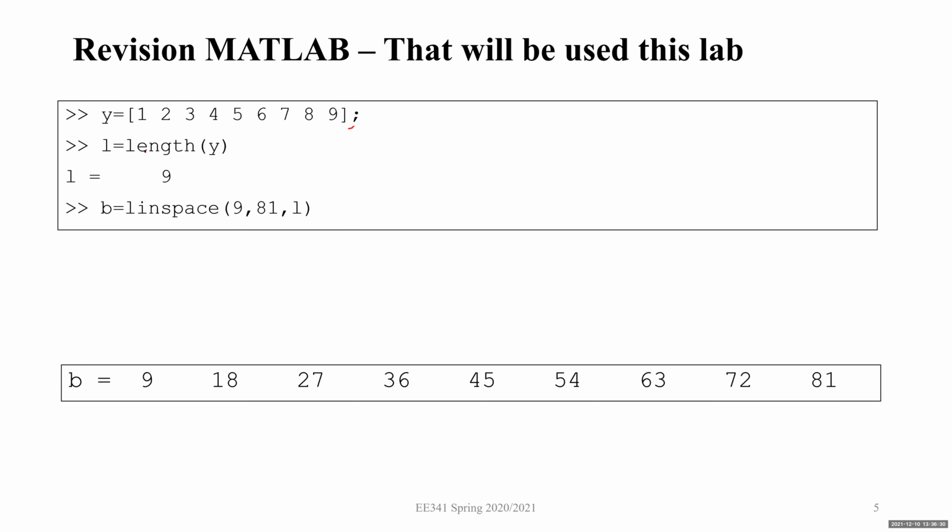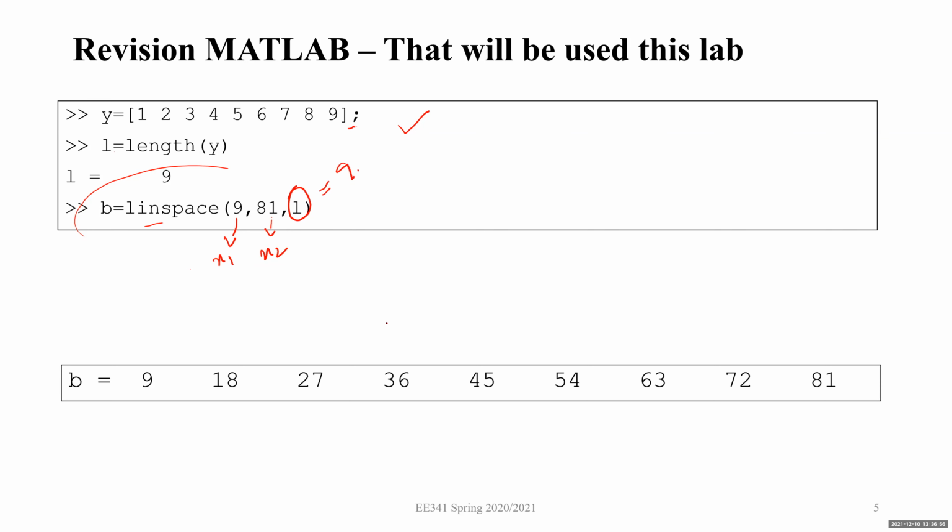So this is an example to tell you what linspace means. Length is equal to length of y. This will give me the total length of y, which is equal to 9, because there are 9 samples. So linspace(9, 81, 1). This is my x1, this is my x2, and this is L. L is equal to 9.